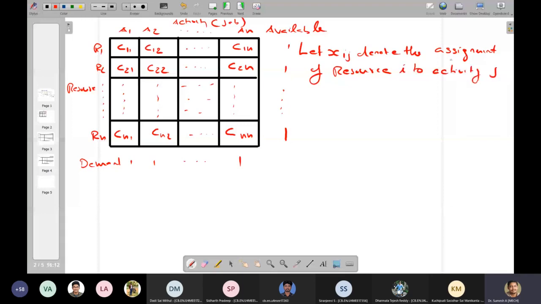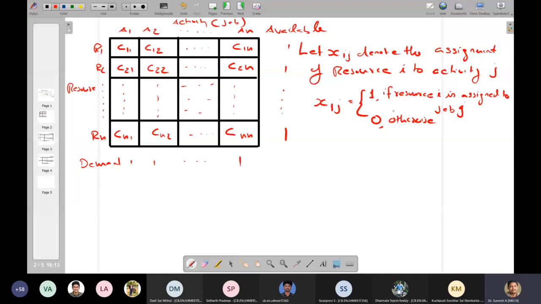Xij will be equal to 1 if resource I is assigned to job J. If it is not 1, then it means that in a row or column there will exist only one assignment.